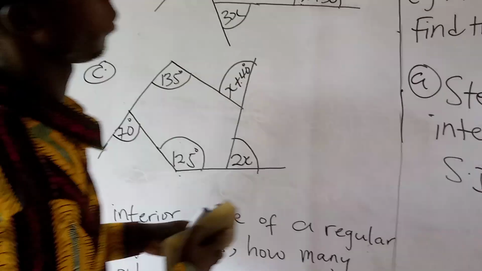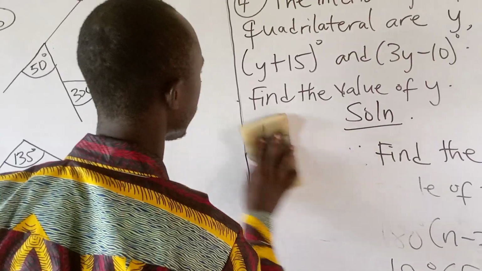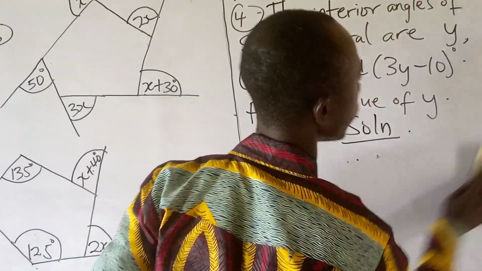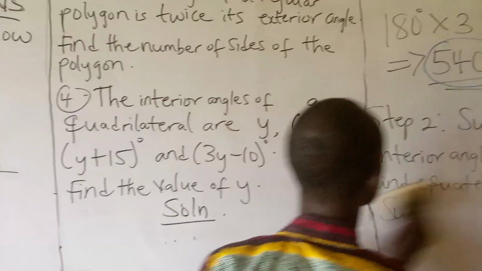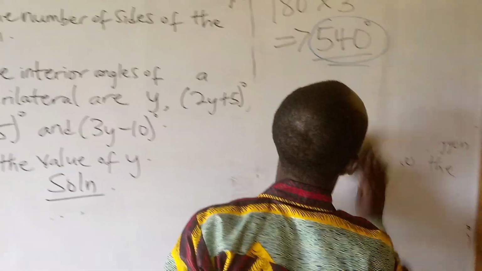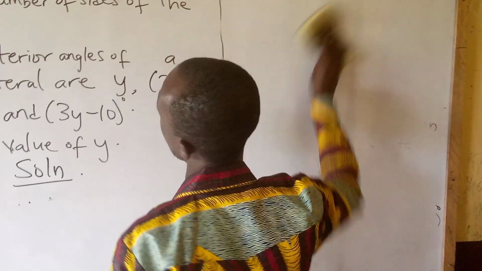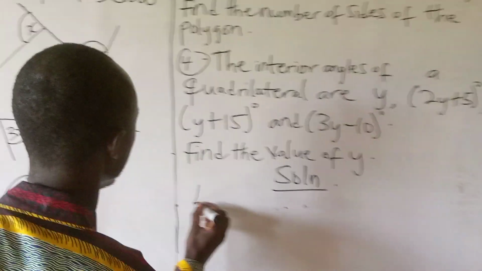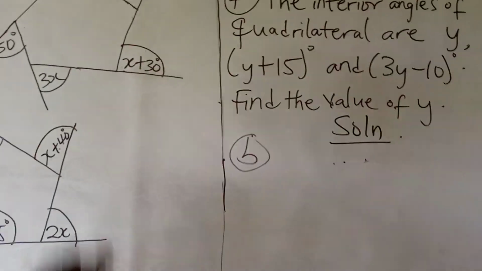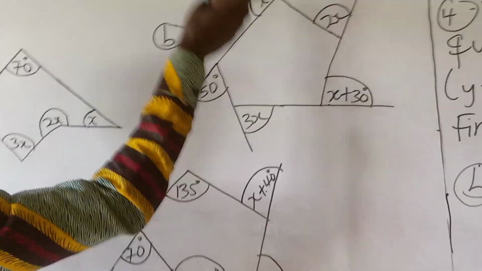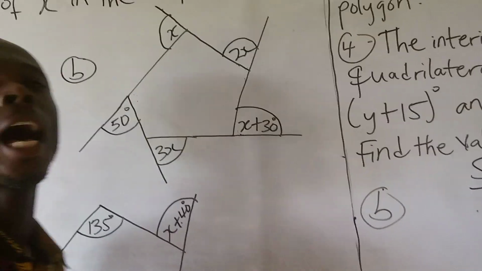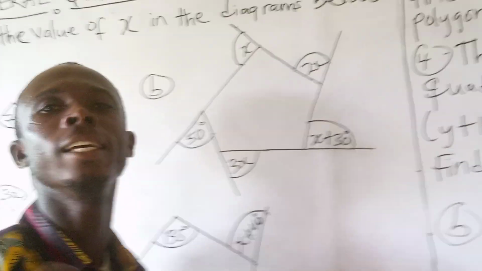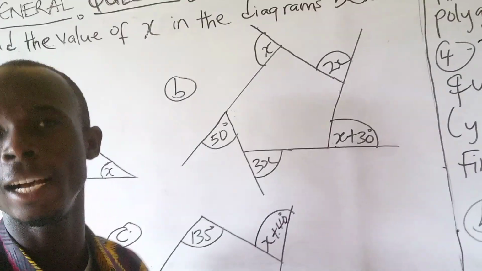Let's move on to B. You see, this diagram too, the angles are outside the plane figure, and angles outside the plane figure are called exterior angles.